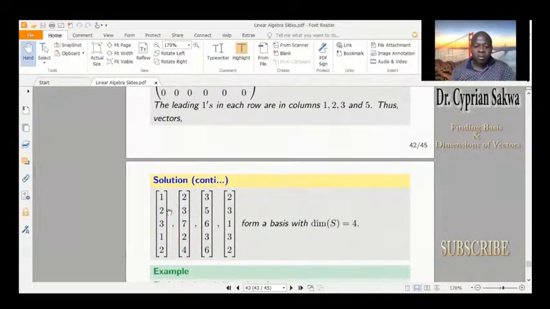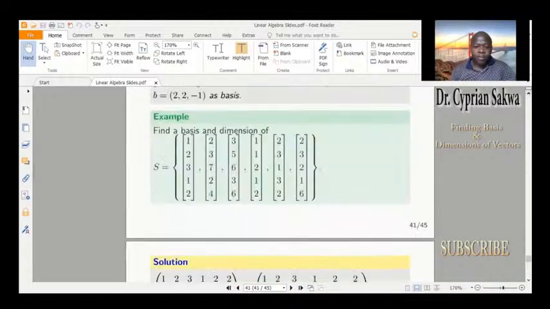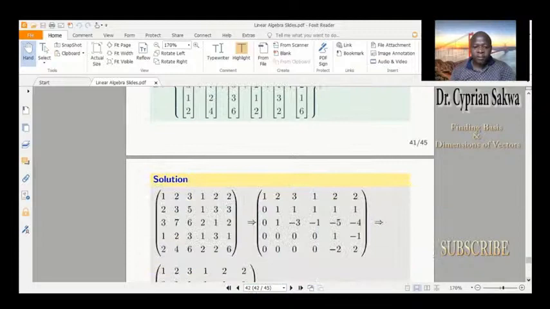These 4 vectors form a basis. And since there are 4, the dimension of S is 4. So our set was set S, that's correct. So that set S has dimension 4.